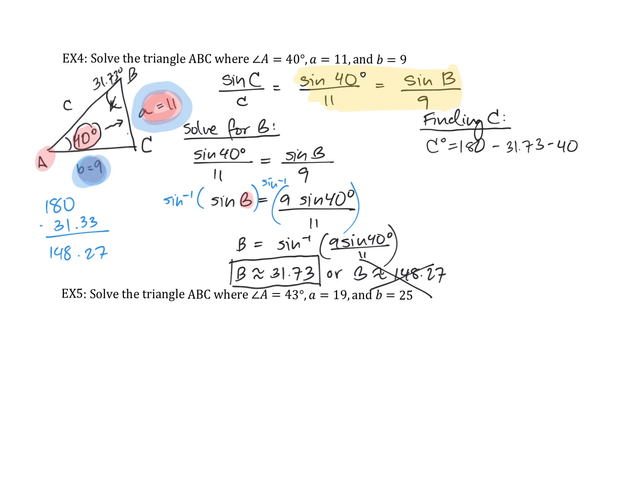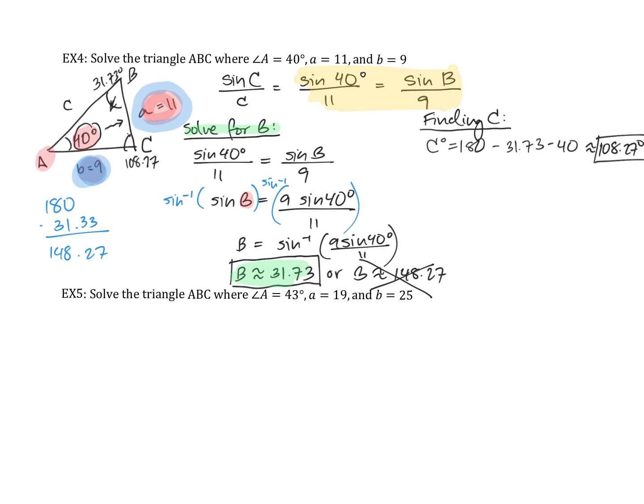We'll end up with C approximately 108.27. Okay, small triangle, 108.27. Once again, because it's hard to label the triangle, that's why it's a good idea to label your work and then box your answers. Alright, so we'll box that for C degrees.